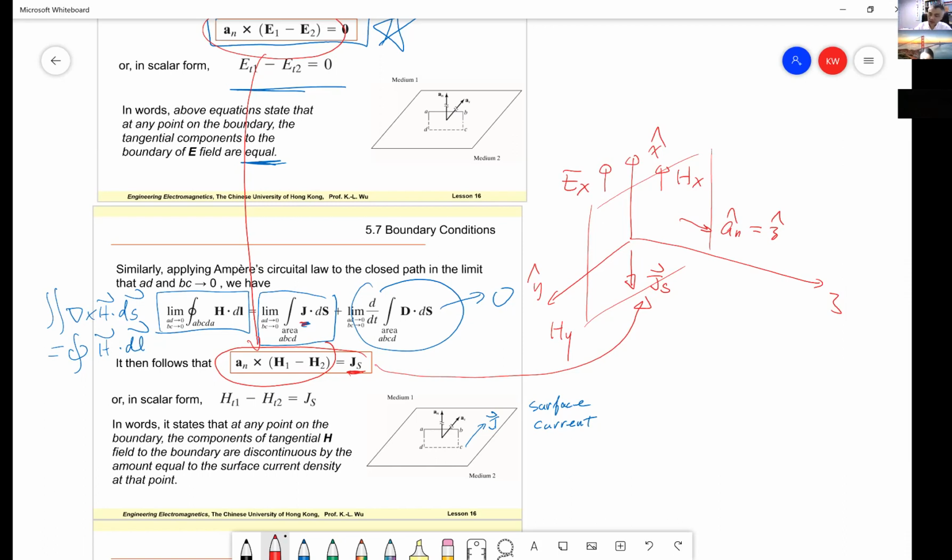This is the second boundary condition, related to the magnetic field. This is also another fact, and every fact is a first principle.